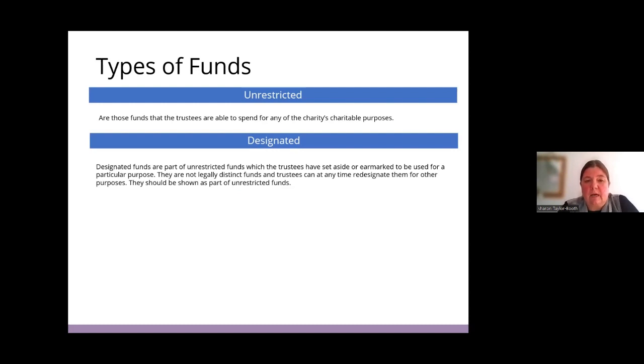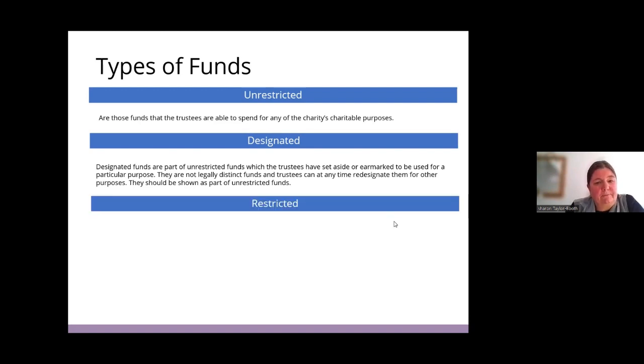Designated funds are part of unrestricted funds, which the trustees have set aside or earmarked. You might have heard the word ring-fenced. Earmarked to be used for a particular purpose. They are not legally distinct funds, and trustees can at any time redesignate them for other purposes, and they should be shown as part of unrestricted funds.